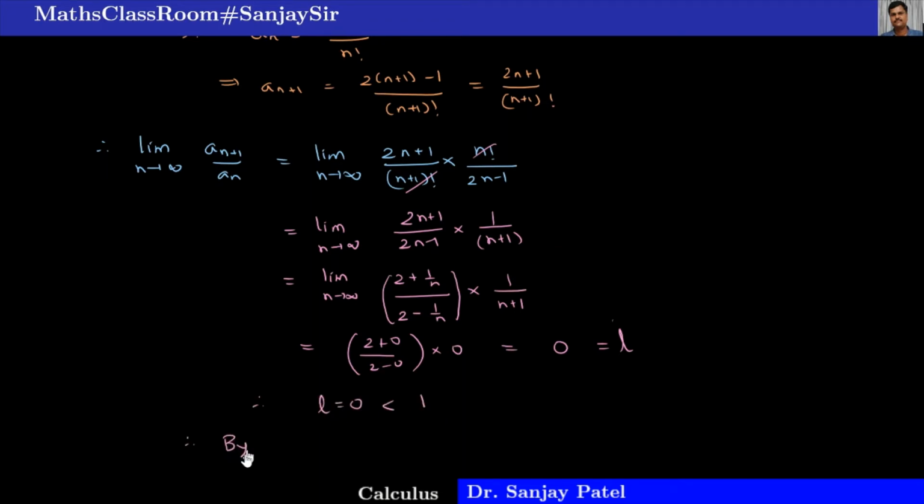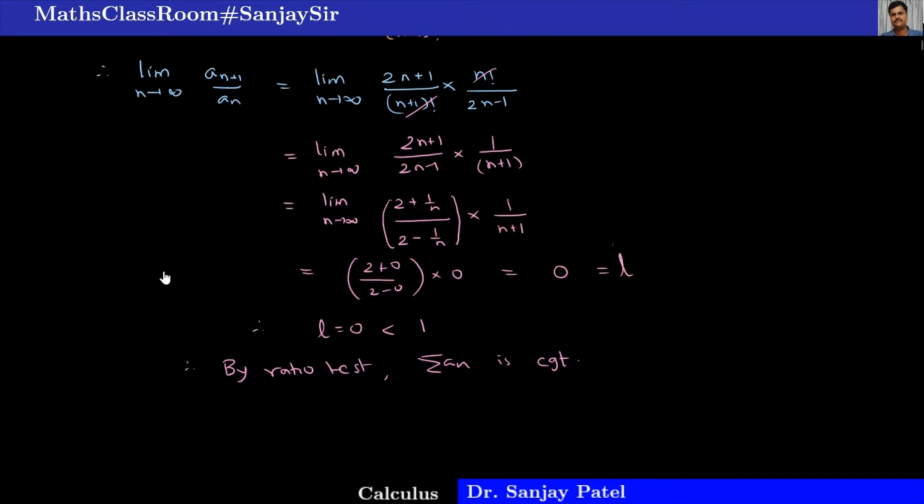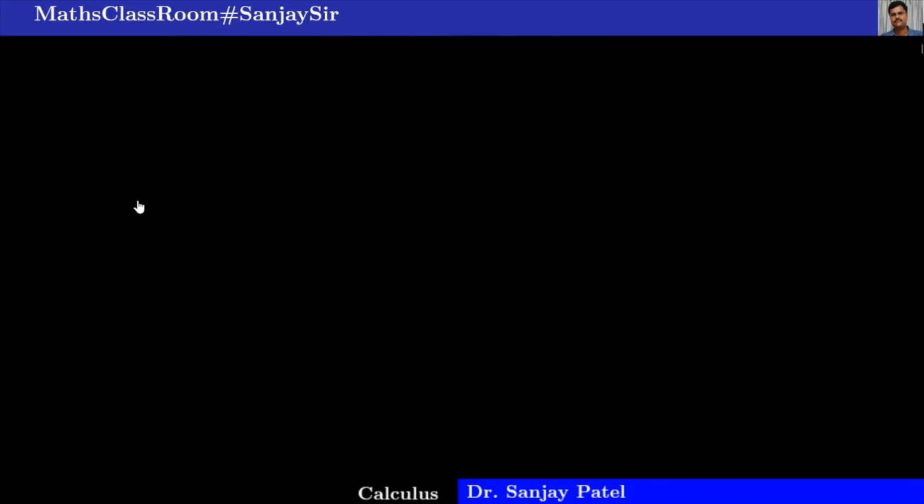Therefore, by the ratio test, the given series sigma a_n is convergent. So whenever there is a factorial or some polynomial type of expressions, we always use the ratio test.